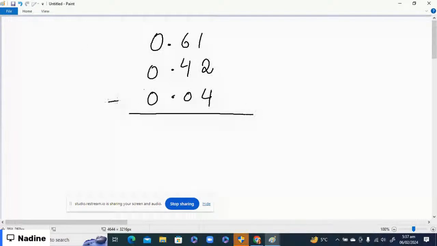If you have three numbers like this, same thing, there is a point, and after the point all have two digits. So just add these three first. 1 plus 2 plus 4, what is the answer? It's 7. Now 6 plus 4 plus 0, what is the answer?